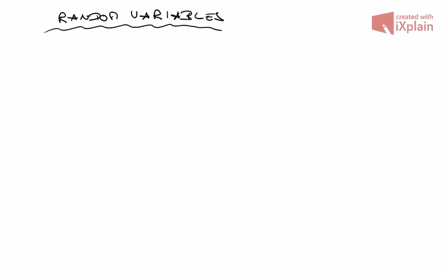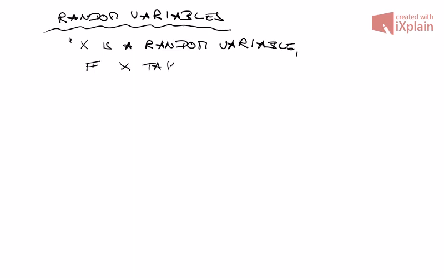I have this great definition here: X is a random variable if X takes on random values. Kind of the worst definition of a random variable from a mathematical perspective, but from the perspective that we need, it's actually really helpful.